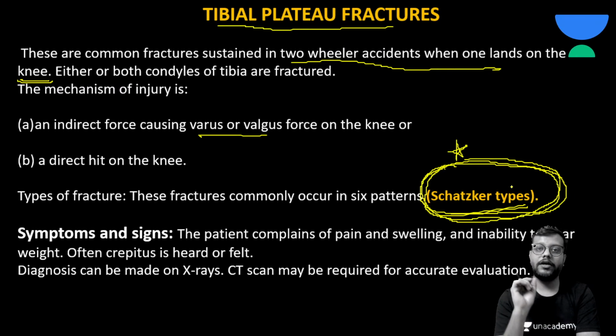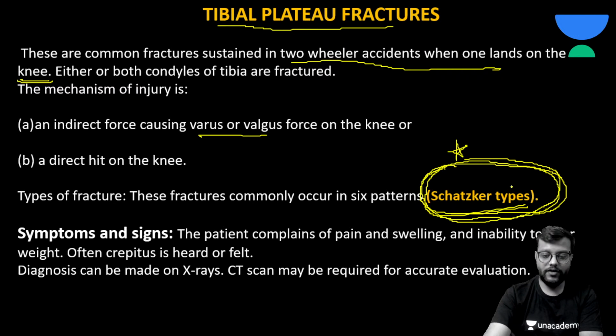And mind you, tibial plateau fractures are intra-articular. So since it is intra-articular, a very precise and complete reduction is necessary, very necessary. So keep in mind, you have to do the CT scan pre-op so that you can plan your surgeries very well.